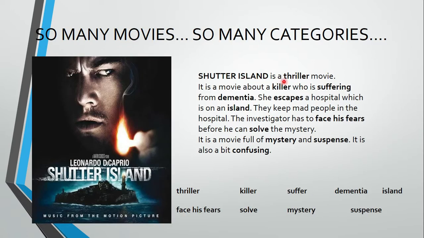Shutter Island, okay? Shutter Island, it's a thriller movie. What is a thriller? Thriller es otra palabra que aparece en el vocabulario. Thriller quiere decir suspenso. Es decir, no se sabe lo que pasa hasta el final. Thriller es suspenso. It is a movie about a killer who is suffering from dementia. O sea, es un asesino que sufre de demencia. And he escapes a hospital which is on an island.